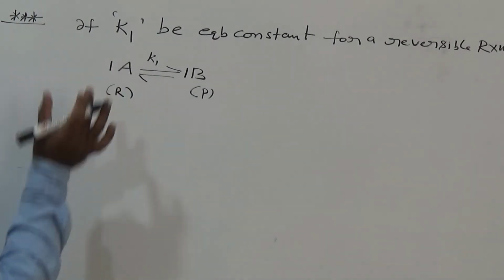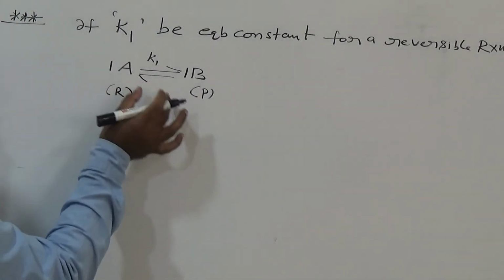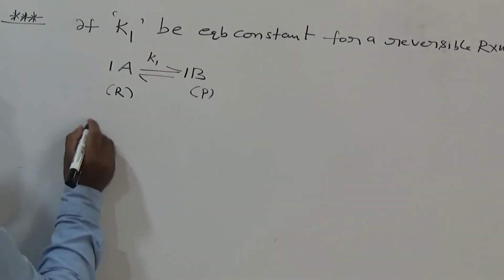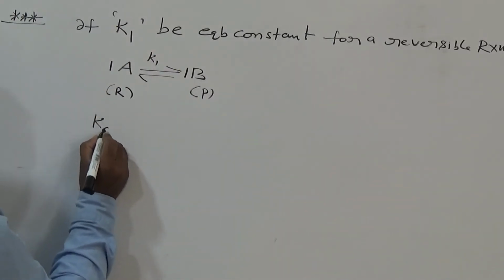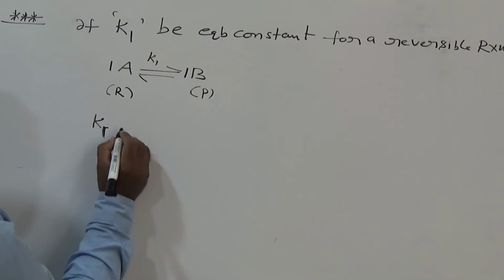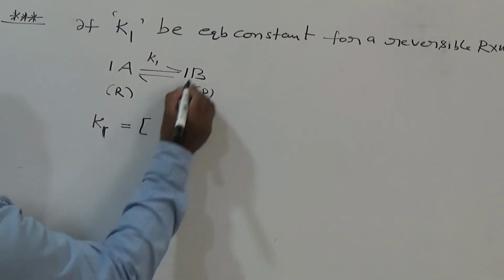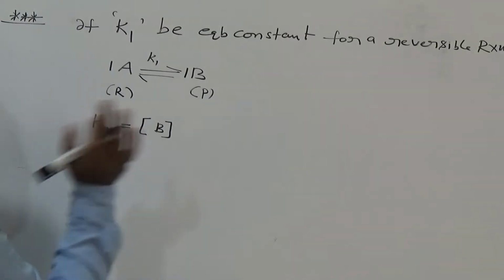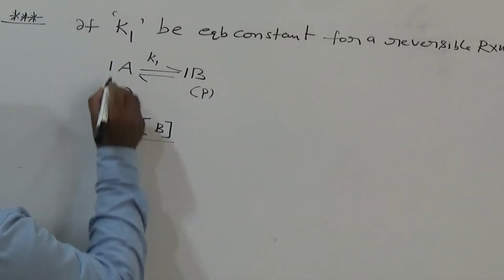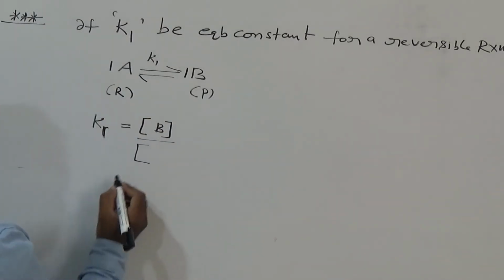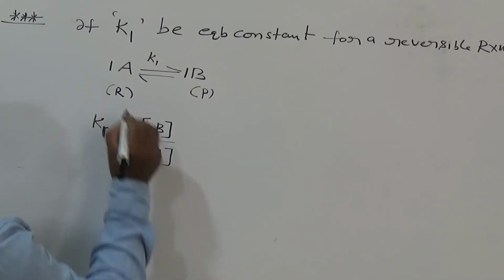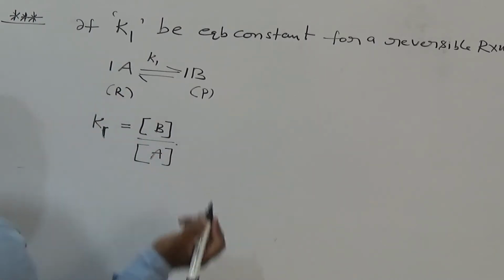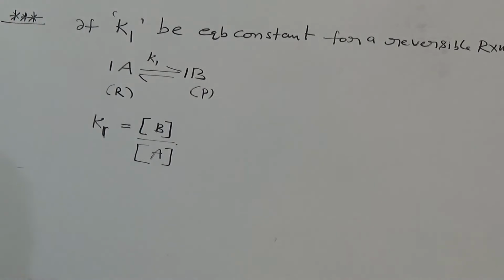Now write the equilibrium constant expression for this one. K1 is equal to molar concentration of product. Am I right? What is the quotient? 1. Divided by molar concentration of reactant A. What is the quotient? 1. Okay.